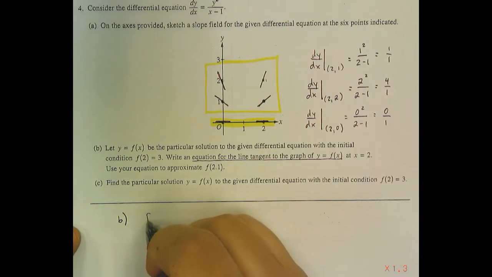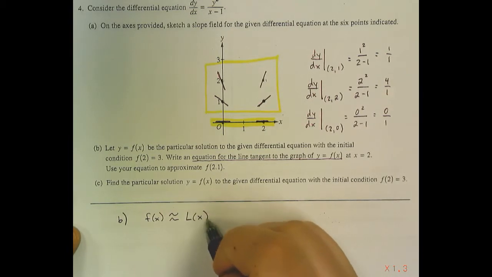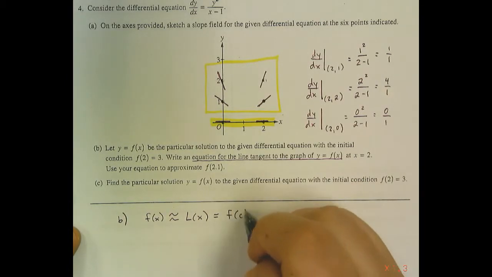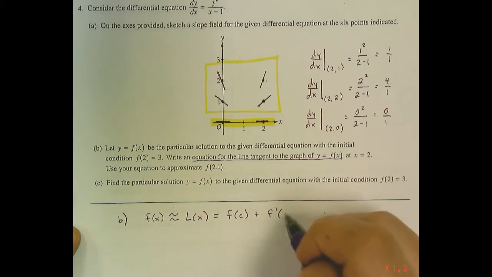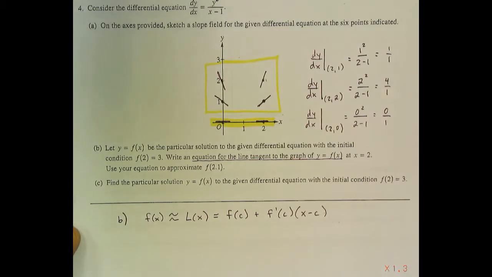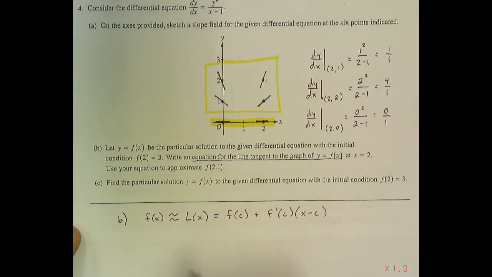Our function can be approximated by a tangent line, which we let be equal to f of the center plus f prime of the center times x minus the center. And in this case, our center is at 2, so we're going to plug 2 in for the c.